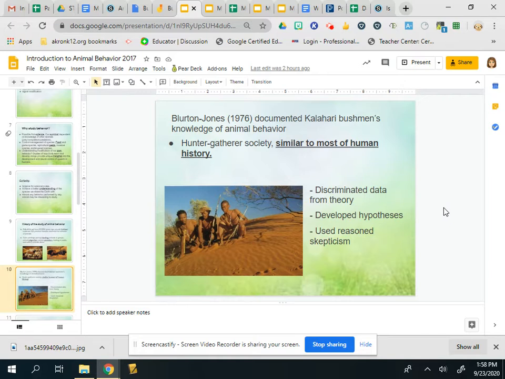Here's a scientist, Blurton Jones, who documented the Kalahari Bushmen's knowledge of animal behavior. They're a more rudimentary group, a hunter-gatherer society, similar to how maybe our ancestors lived. They were able to discern information from how they observed animals, and we can extrapolate from there how our ancestors may have done it.